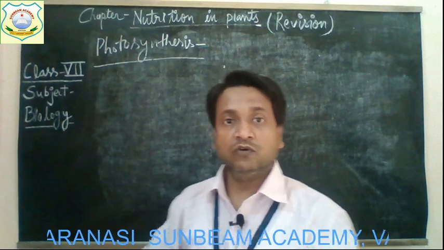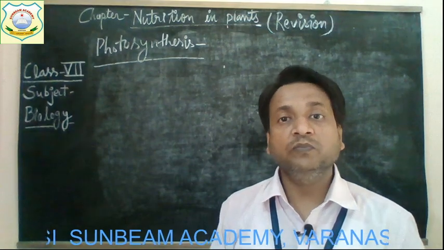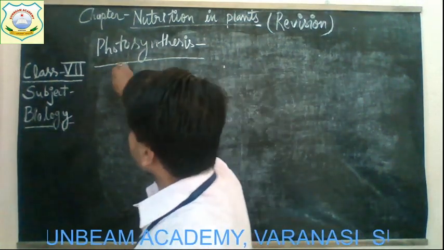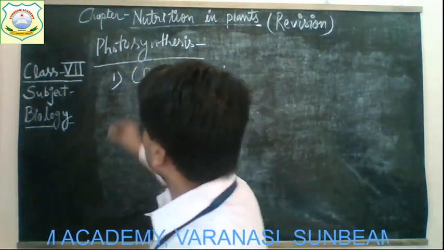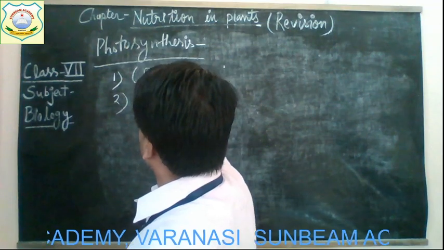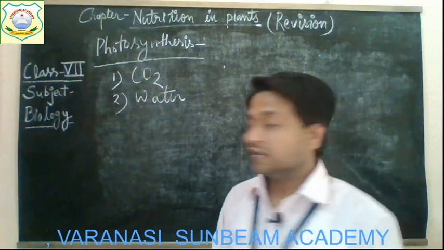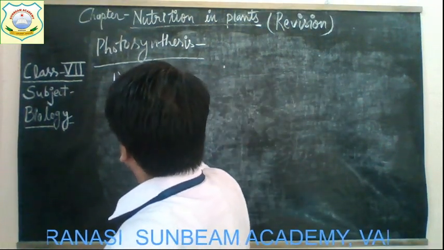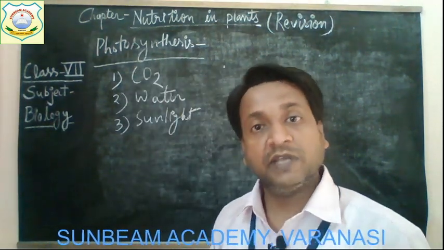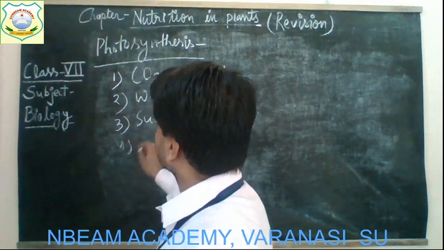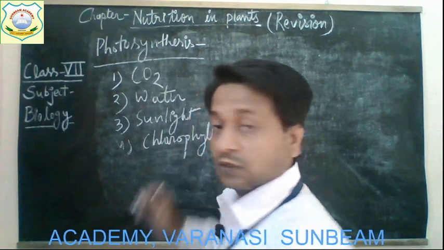Okay, children? So in photosynthesis, the four main substances which play a role are: the first one, carbon dioxide; second, water; third, sunlight; and the fourth, which is present in the plant, chlorophyll.